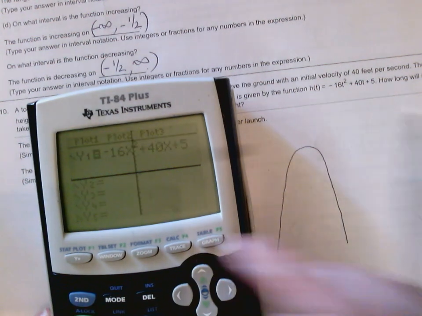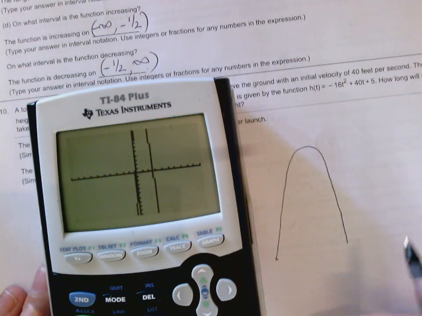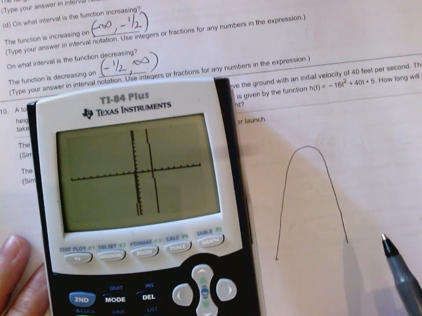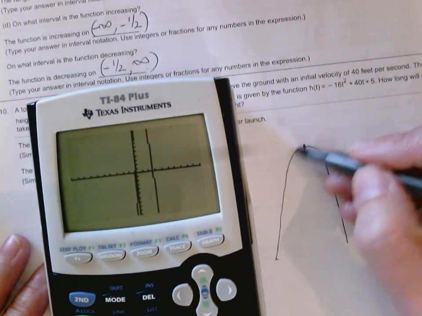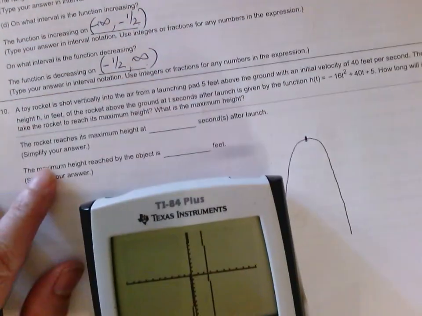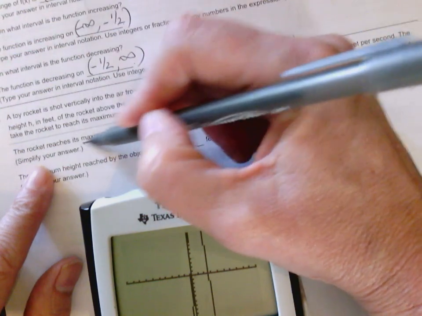And then let's graph it. Now, this one goes off of our graph. If you wanted to see the top of it, you don't have to. I just know I need to know the top of it because I need to know that maximum. I need to know that because what it's going to ask me is what is its maximum? That's going to be the y value.